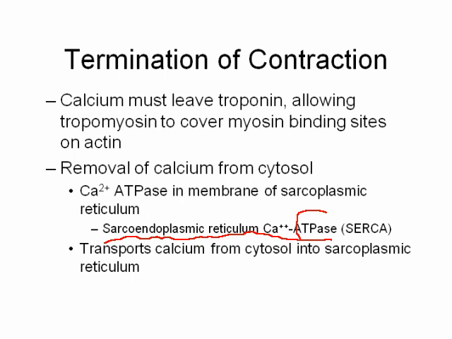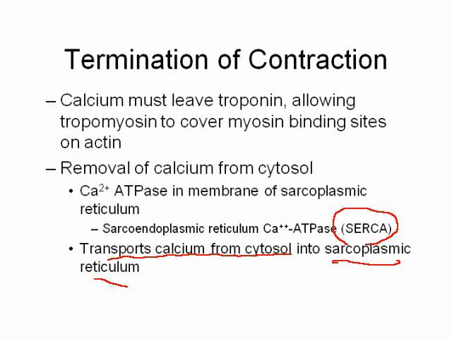That is an ATPase, an enzyme that breaks down ATP as a fuel for activating a calcium pump. So the SERCA is a calcium pump that then is going to transport calcium from the intracellular fluid back into the sarcoplasmic reticulum. And then, of course, the muscle can't contract because there's not enough calcium available.